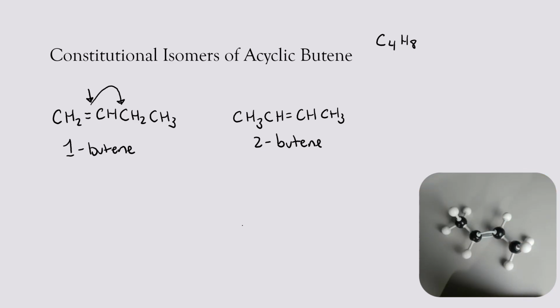In addition, we can repeat what we did with our alkanes. If we take that terminal carbon group that's furthest from the double bond, we can move it interior, which will reduce that parent chain by 1, creating a 3-carbon parent chain, and this 4th carbon will then need to move interior.